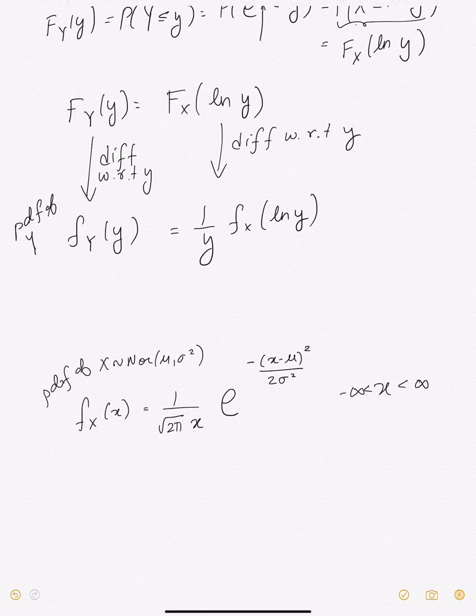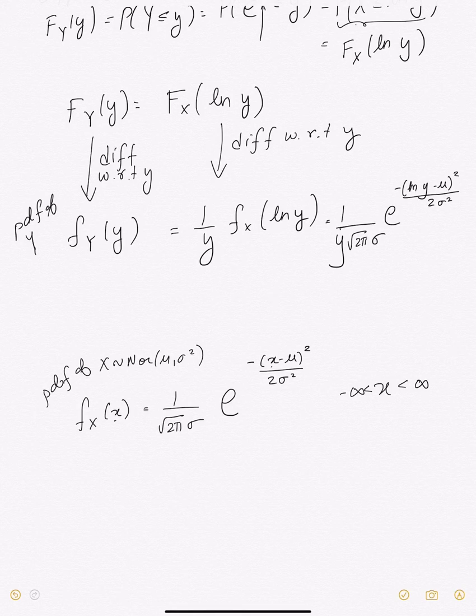So instead of evaluating at x, we're going to evaluate it at log y. Okay, so you have 1 over y. Oops, sorry, I made a mistake. This shouldn't be an x. That should be a sigma. 1 over y square root 2 pi sigma e raised to minus ln y minus mu whole squared divided by 2 sigma squared.